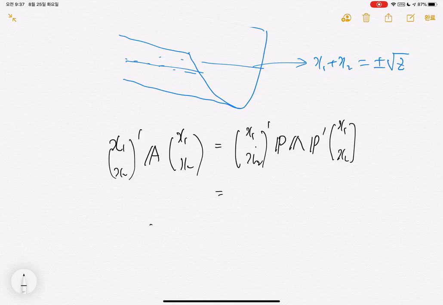This P and P prime have a very interesting feature. P prime P is the identity matrix. So P prime is the inverse of P. When the transpose is the inverse of P, it is called the Hermitian.